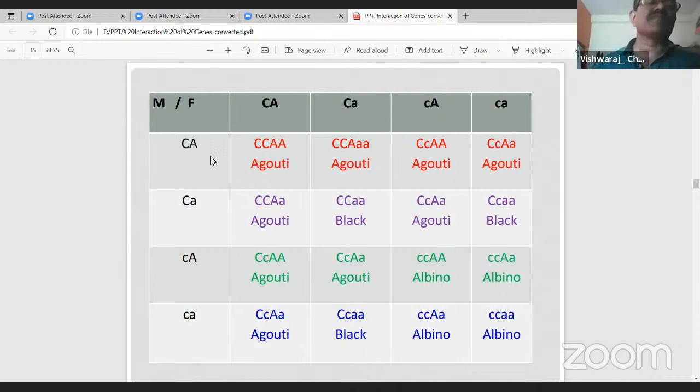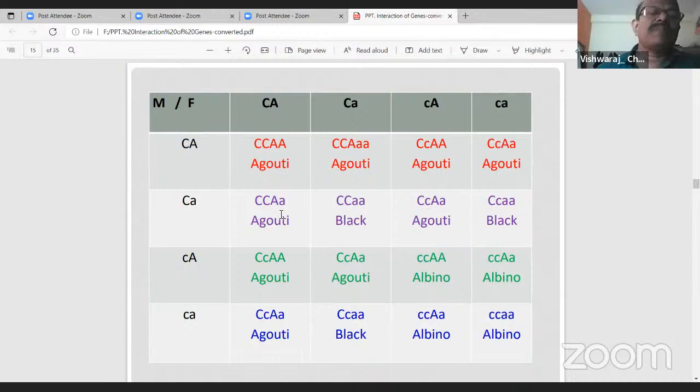Then crossed: male C and female C, male A and female A give agouti, because both dominant A and C are present. Capital C, capital A, small a gives agouti. Capital C, small c, capital A, capital A gives agouti. Capital C, small c, capital A, small a gives agouti.